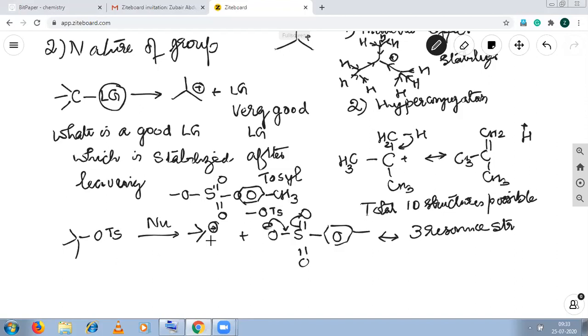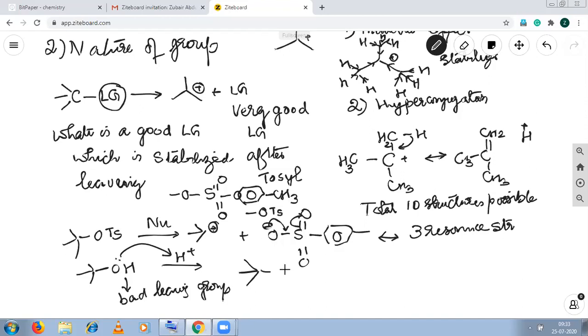Similarly, a leaving group which will form a stable molecule. For example, suppose I have a leaving group OH. OH is a bad leaving group. But if you put a little acid into this, what will happen? It will get protonated.